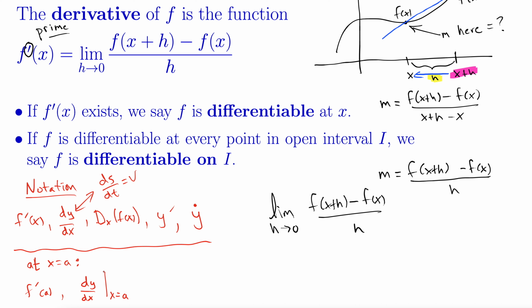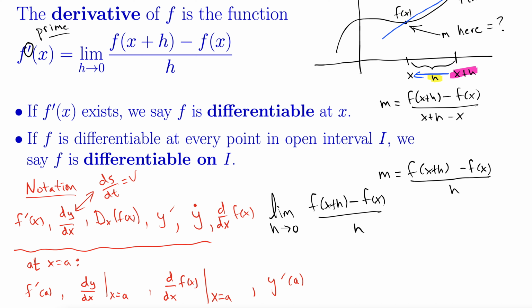You draw this big vertical line to say I'm evaluating it here. Oftentimes we also do df dx, maybe something like this at x equals a. That's one I didn't list up here. Sometimes you say d by dx of f of x, I'm taking the derivative of f of x. That's another way of writing it. These are all equivalent. We also might just say y prime at a.